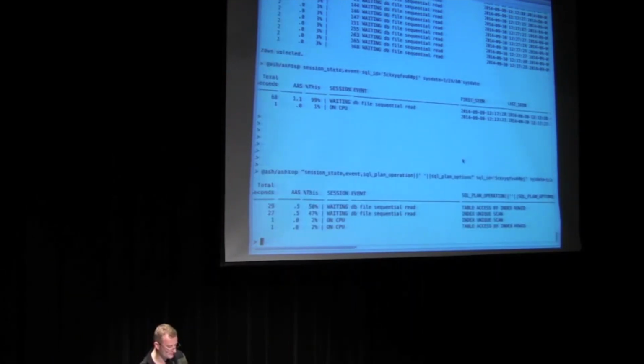You see, I have looked into ASH data of this SQL statement only, and I previously had a breakdown that we used only 1% of CPU and 99% of time we were waiting for I/O. Thanks to these extra columns in 11g, I will actually see what kind of execution plan line or operation was waiting, right?